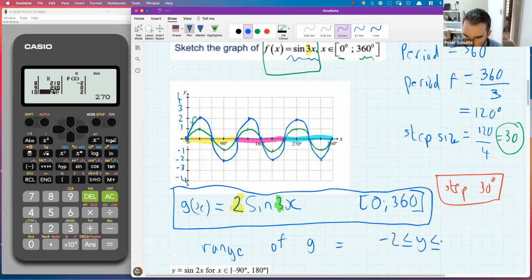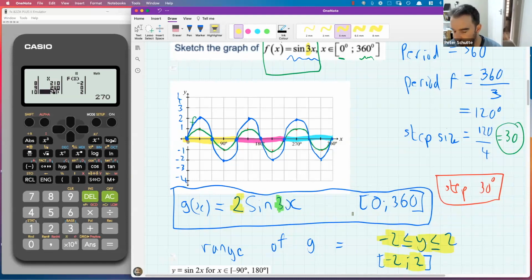And the way I could write that is like that, or I could write it like that. And that would give me the range of the graph.